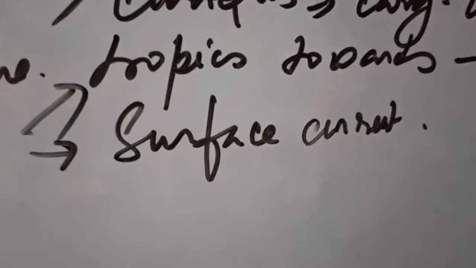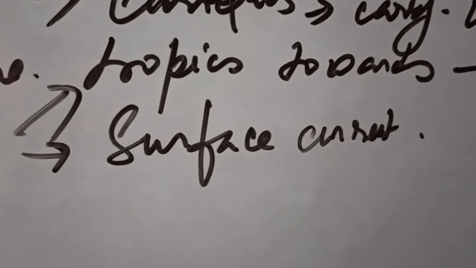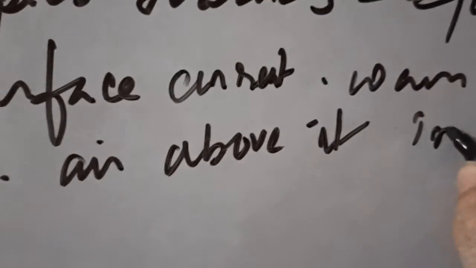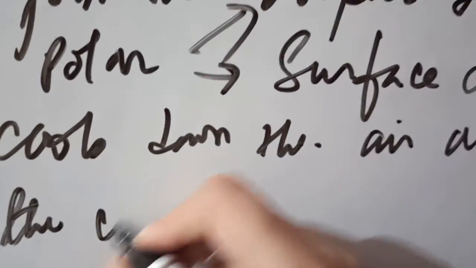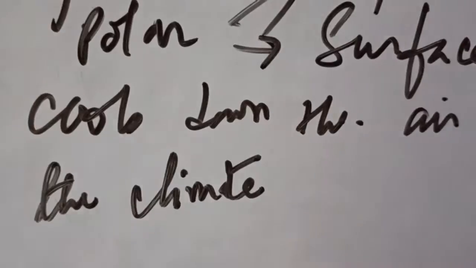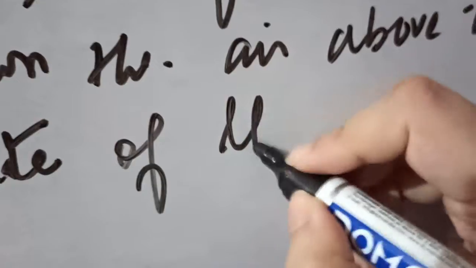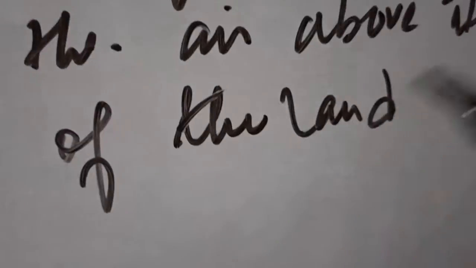So the surface current warms or cools down the air above it, influencing the climate of the land that is present near the coastal region or the coast.